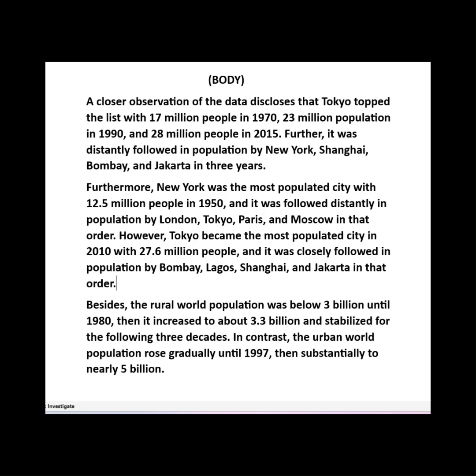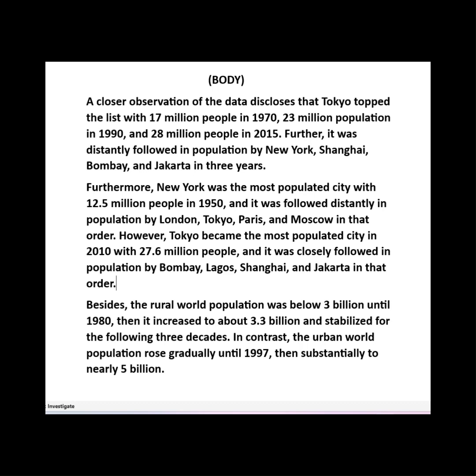Okay? The next paragraph in the body. Furthermore, New York was the most populated city with 12.5 million people in 1950, and it was followed distantly in population by London, Tokyo, Paris and Moscow in that order. In that order means respectively.